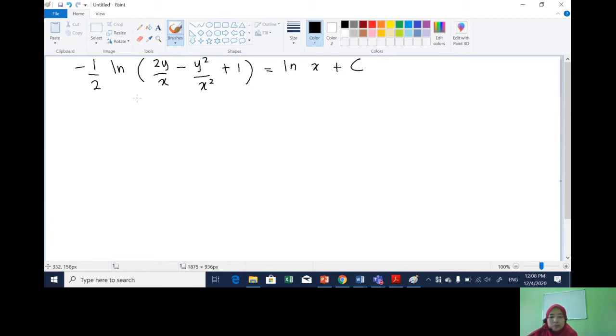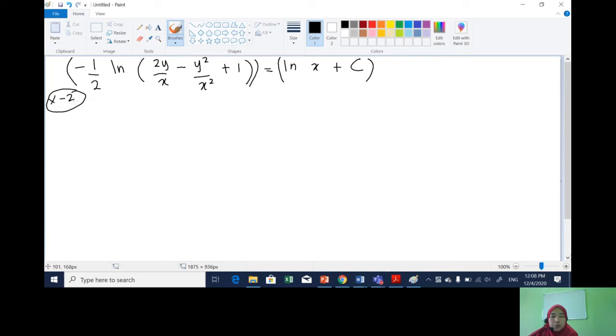So the first thing is to cancel out this one and make it just 1. To make it just 1, we must multiply by negative 2. When we multiply by negative 2, make sure we do the multiplication on both the left hand side and the right hand side.